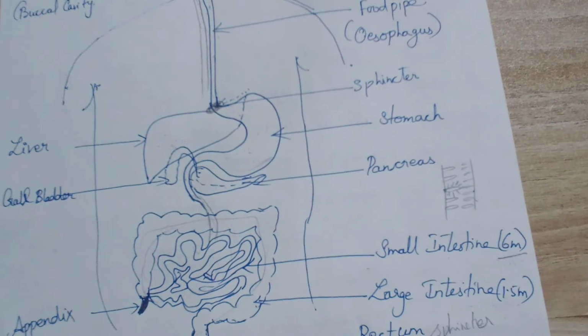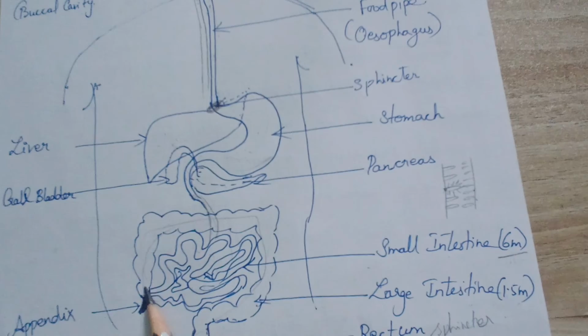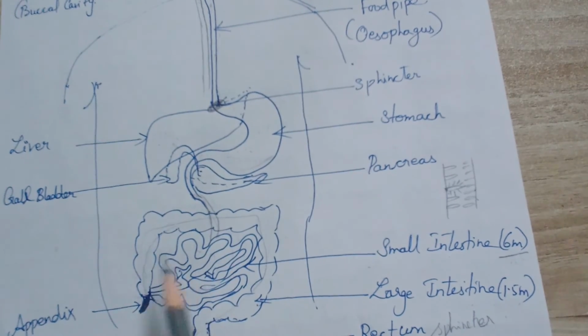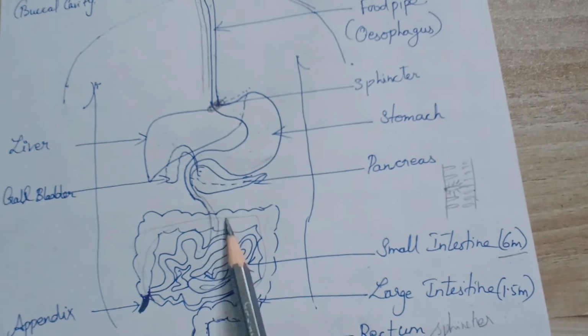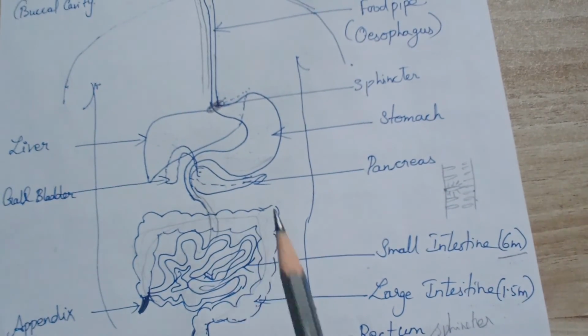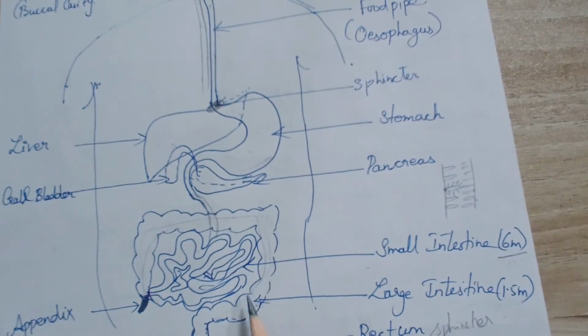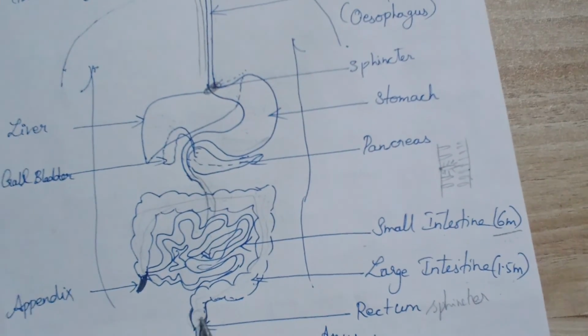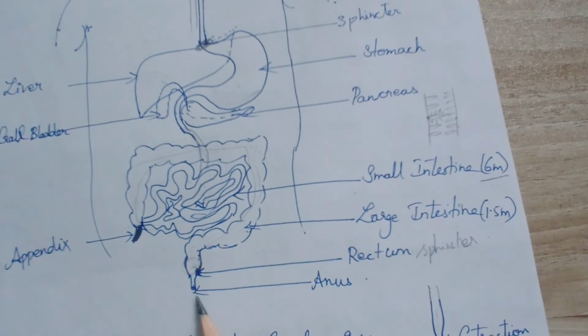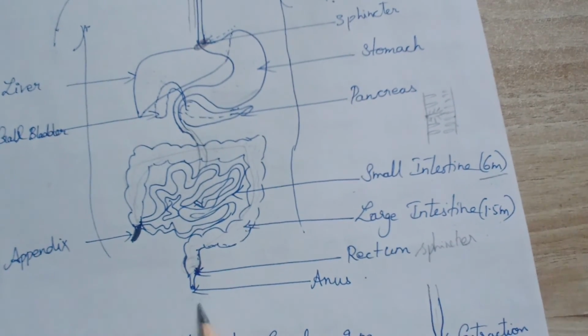And from the small intestine, after absorption, the unabsorbed food will move to the large intestine, where the remaining water present in the food particles will be absorbed, and it will reach the rectum. This is a temporary storage of the feces, and it will be removed through the anus, excreted through the anus.